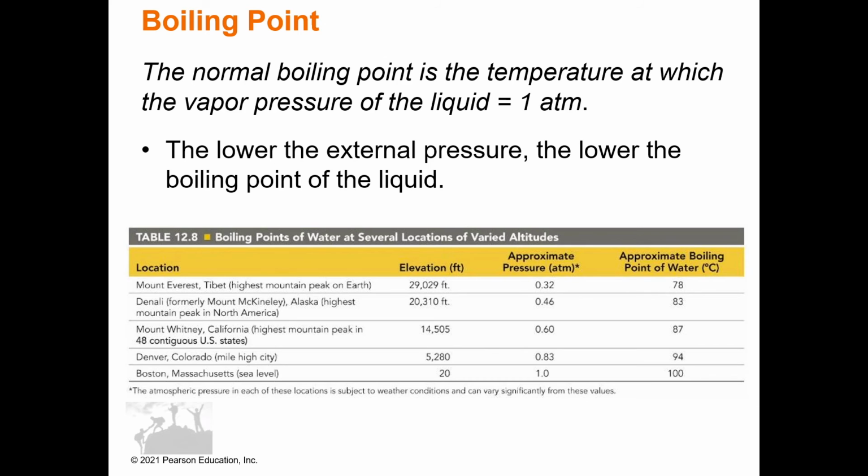So then what happens when we try to boil something like water at different altitudes? Well, now we're going to have different boiling points because the external pressure is going to decrease as the altitude increases. The air gets thinner as we go higher in altitude.